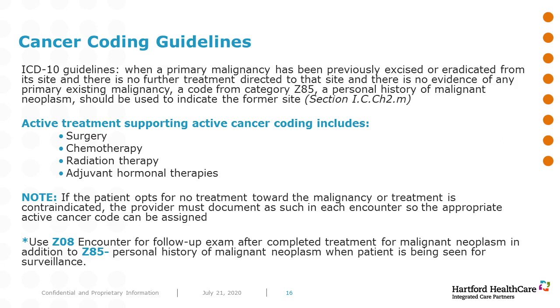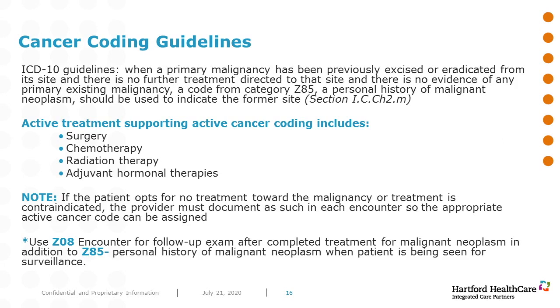So when a primary malignancy has been previously excised or eradicated from its site, there is no further treatment directed to that site, and there is no evidence of primary existing malignancy, then we should utilize the personal history of that neoplasm.